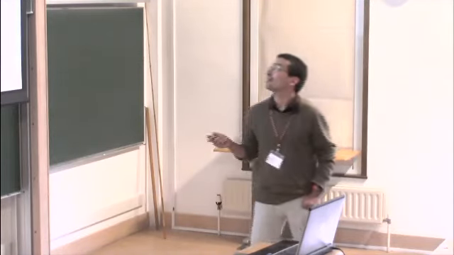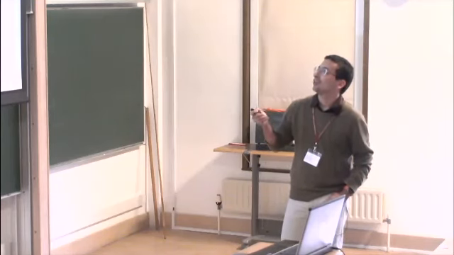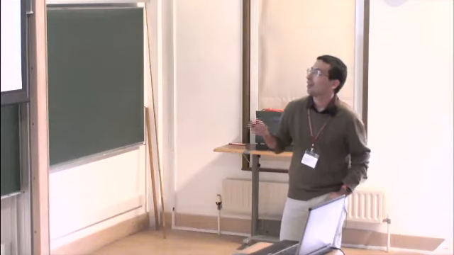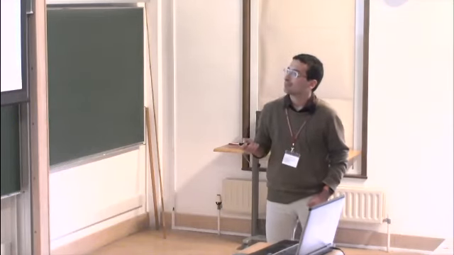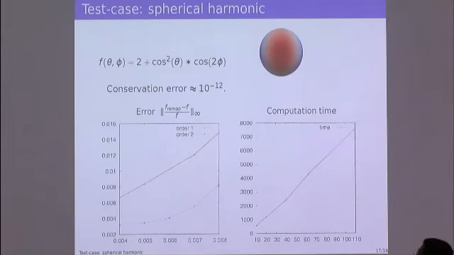Now, let me close with a test case. Spherical harmonic of order 2, it's a sectorial harmonic, this one. So we found the conservation error close to machine precision. It's 10 to the minus 12. And here is basically the interpolation error.